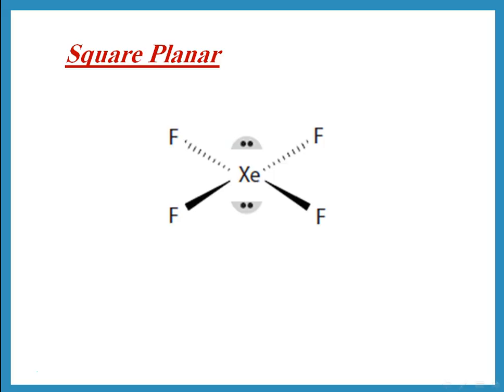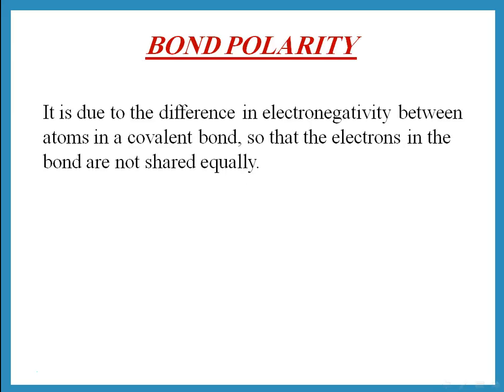It had 8 electrons, so it used 4 of them to make bonds with the 4 fluorines. Now it still has 4 more, which are 2 lone pairs of electrons. So these 2 lone pairs of electrons will be arranged 1 on top and 1 below. This structure is called square planar and the bond angle is 90 degrees.